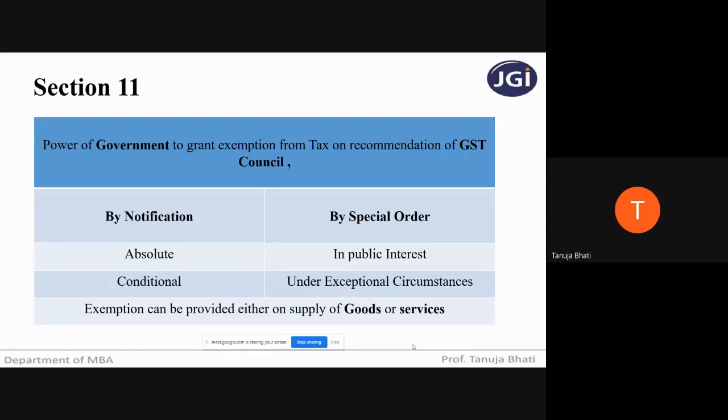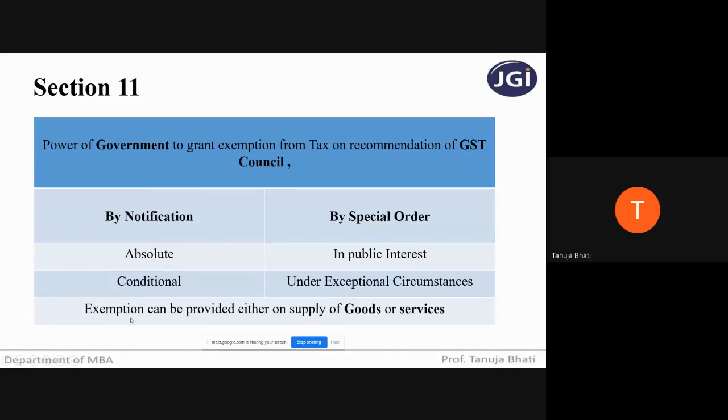So there will be exemption. By special order, government will issue exemption only if it is of an exceptional nature, if it is an emergency situation that is in public interest. Otherwise, normally the government will grant exemption only by issuing the notification.